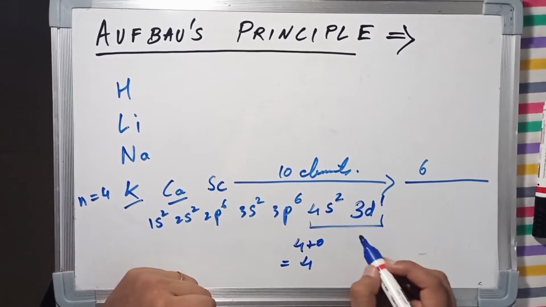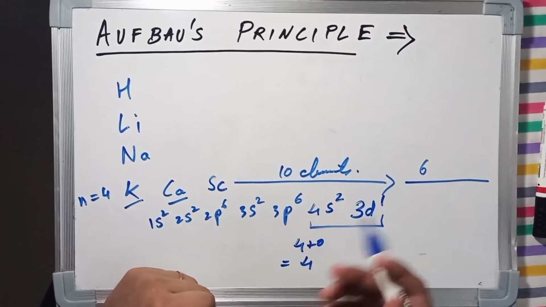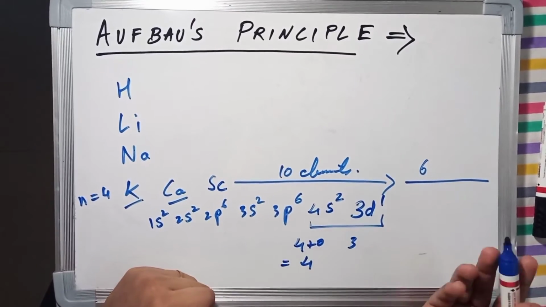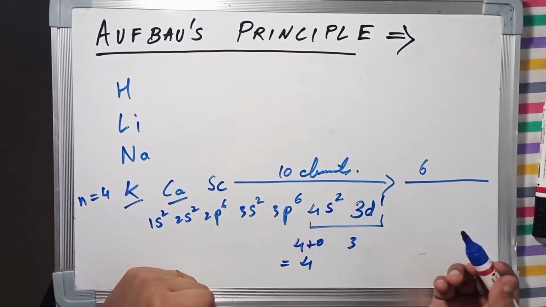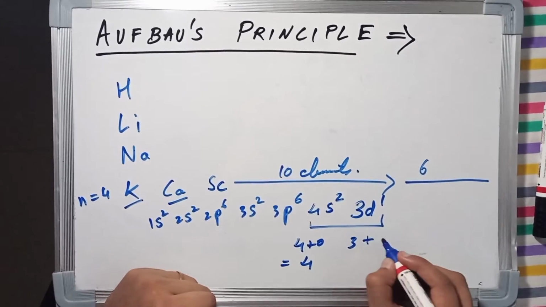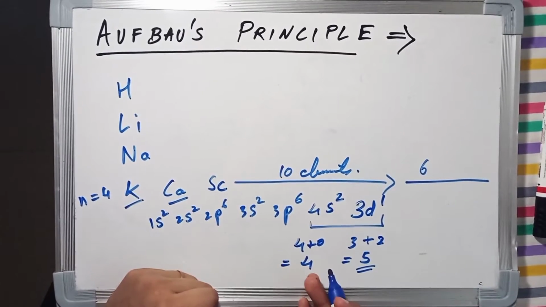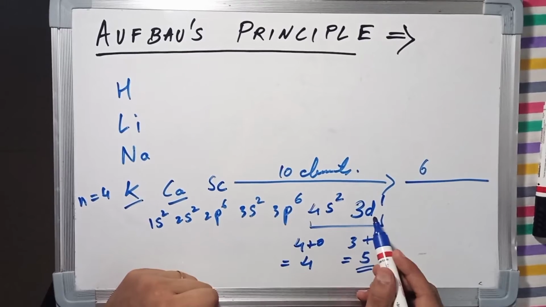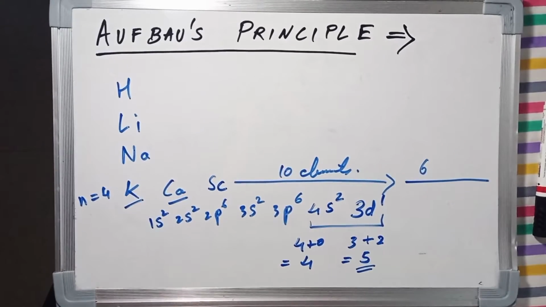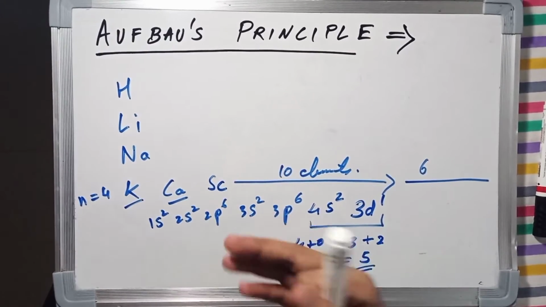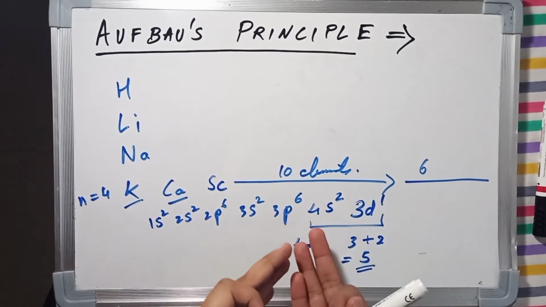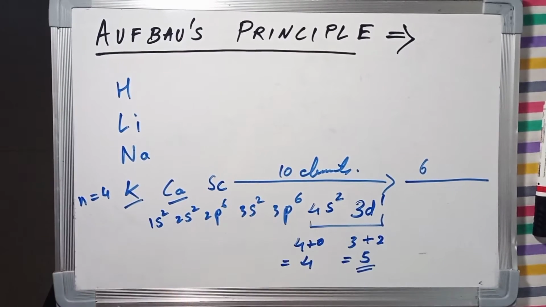For the 3d subshell, the value of n is 3, as it is written here, and l for d is 2, so 3 plus 2 equals 5. So 5 is a larger number than 4, which is why the 3d subshell is filled after 4s, because it has a larger value.